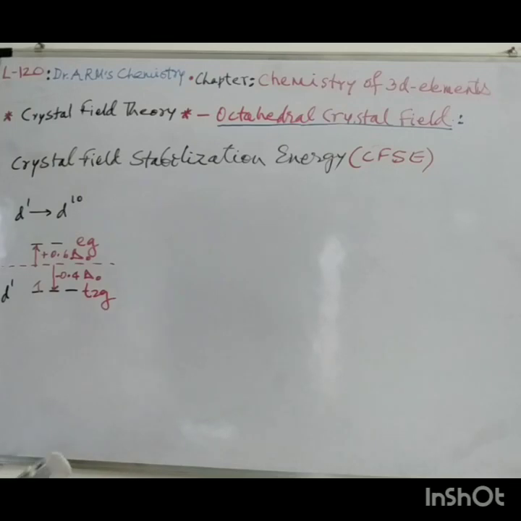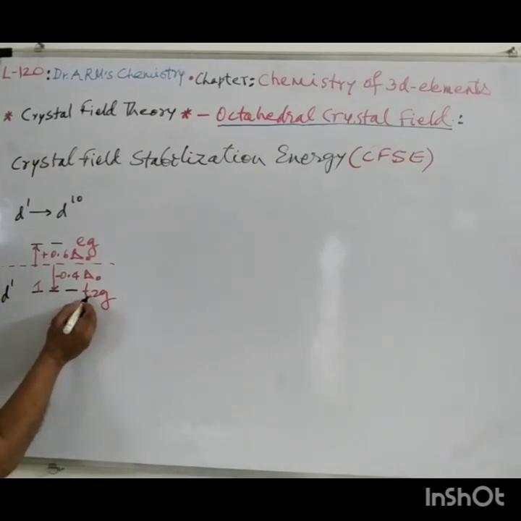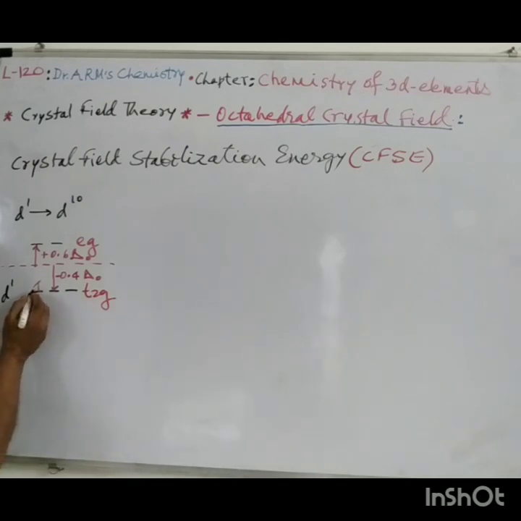Depending upon this, the crystal field stabilization is calculated. For this complex in which there is only one electron in the d orbitals, the electron goes into any of the t2g orbitals. It cannot move into the eg orbitals in the ground state. So this is the ground state configuration of the complex, in which the configuration is d1.